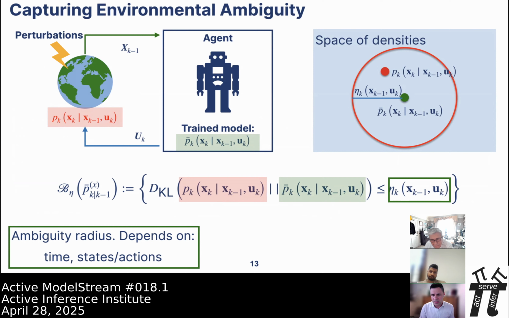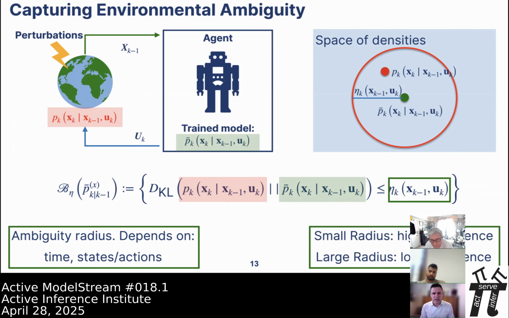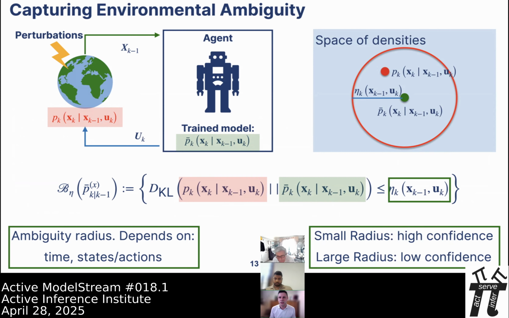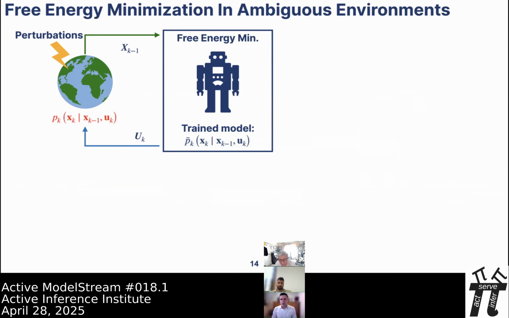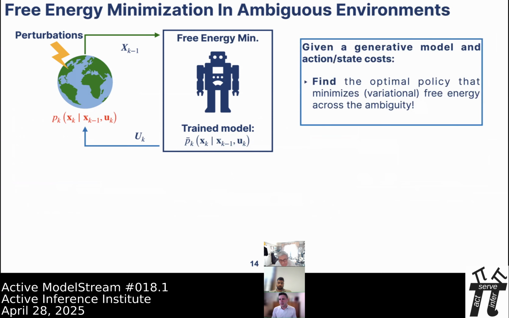It has a straightforward interpretation. If eta is small for a given state-action pair, the agent is quite confident, or believes it is confident, in the model P bar, the training model. Otherwise, it has low confidence in the model that it has available. So we have formalized this.